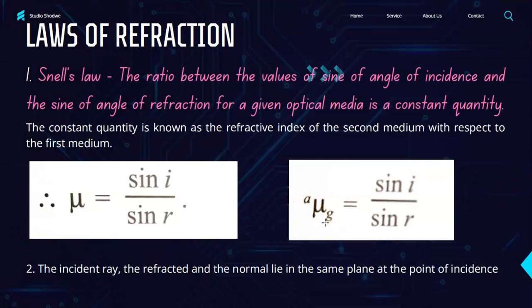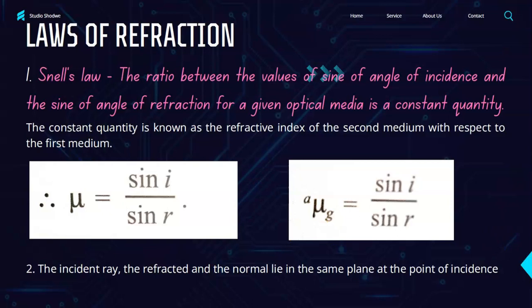Refractive index is always for the second medium with respect to the first medium. So how do we read this? I'm going to read it as refractive index of glass, that is my second medium, with respect to air is equal to sine I upon sine R, according to Snell's law. So that was the first law of refraction.